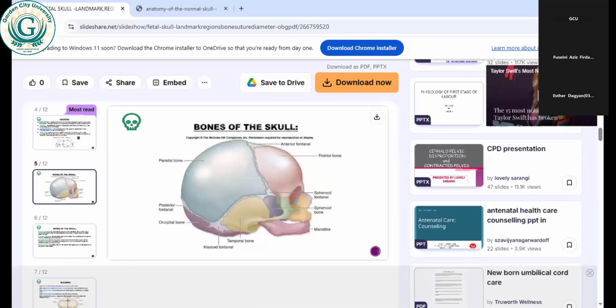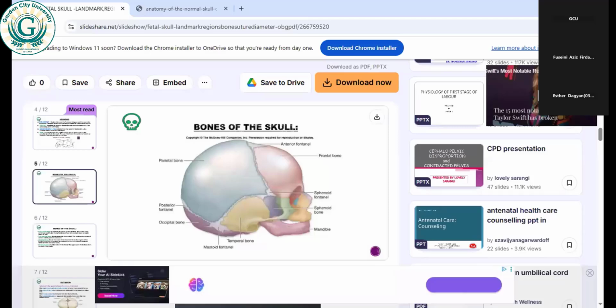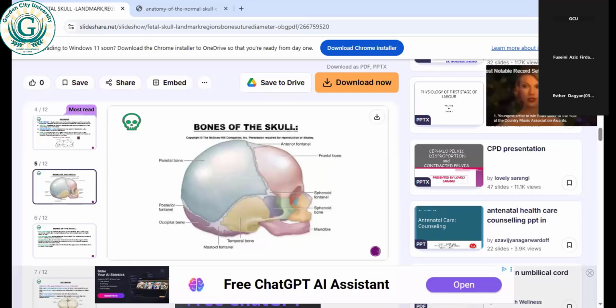We learned that the anterior fontanelle is called the bregma. So the forehead extends from the bregma, and the coronal suture which runs into the bregma, to the orbital ridge. So simply, that's the forehead.